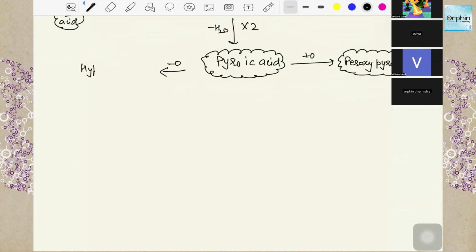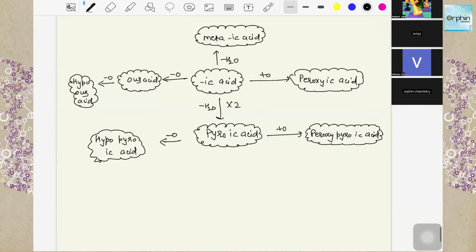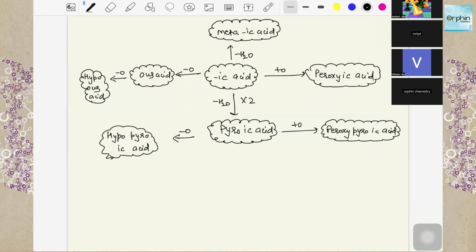Second case of hypopyro acid. Hypopyro acid, right? Is there anything remaining, or is everything done?